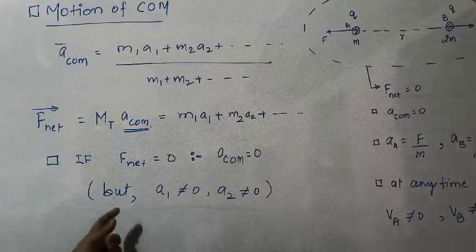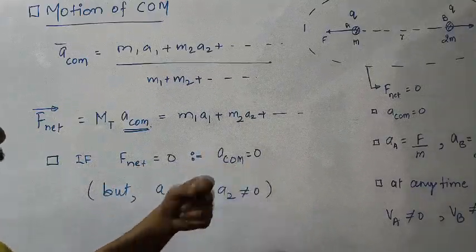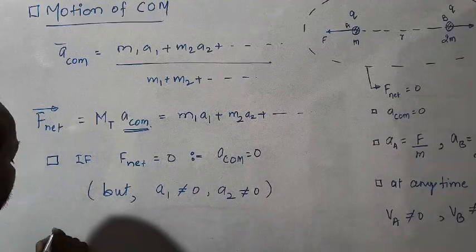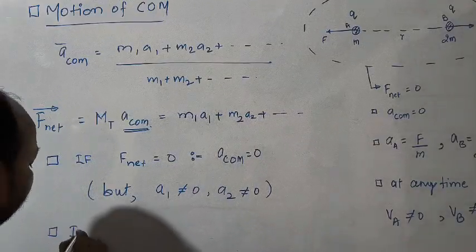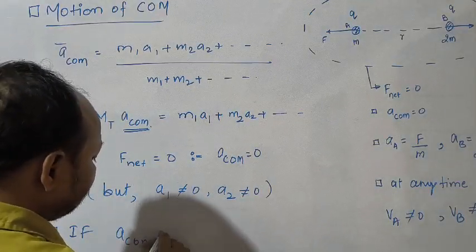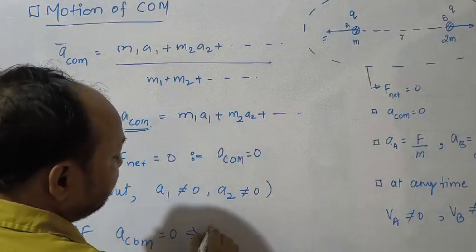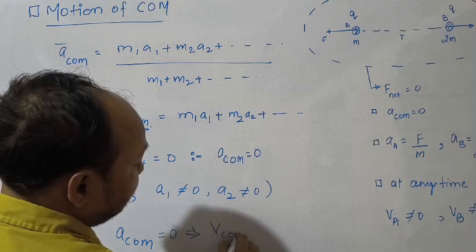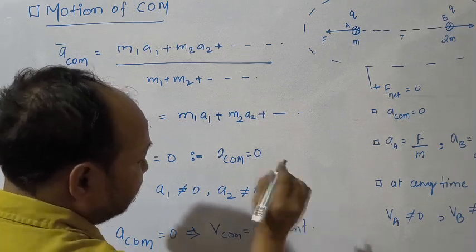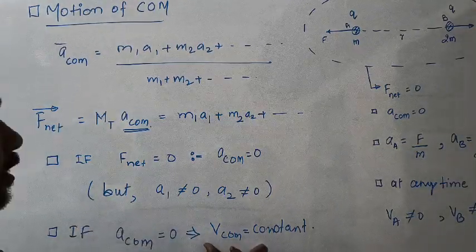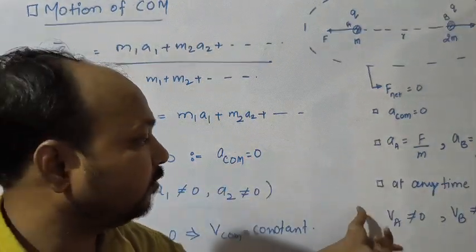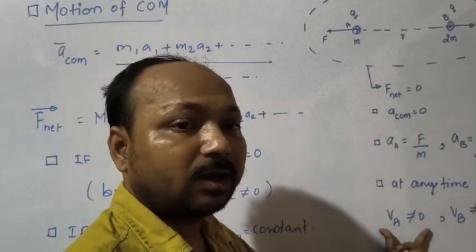Now, if the acceleration of the center of mass is 0, what can I say? Second point: if the acceleration of center of mass is equal to 0, this implies the velocity of center of mass will be constant. Of course it is constant. But it doesn't mean that V1 will be constant and V2 will be constant. Here we can see Va is not a constant value.